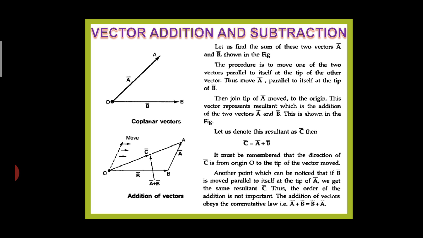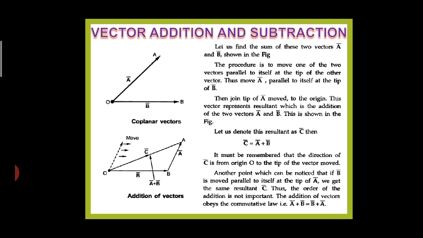The procedure is to move one of the two vectors parallel to itself to the tip of the other vector. Thus, move A parallel to itself to the tip of B. Then join the tip of the moved A to the origin. Thus, this vector represents the resultant, which is the addition of the two vectors A bar and B bar.